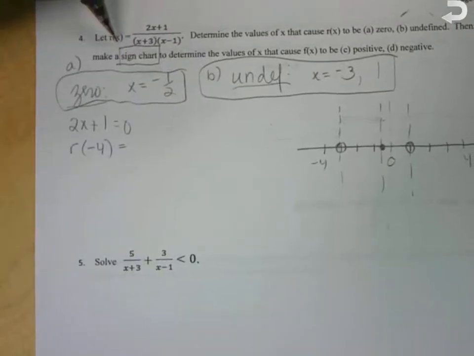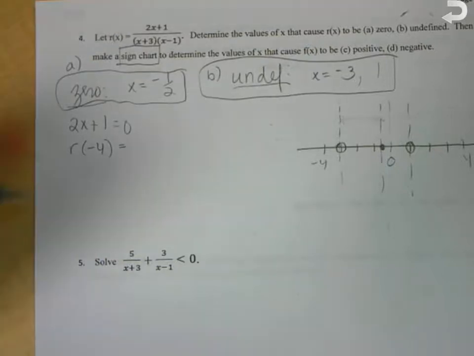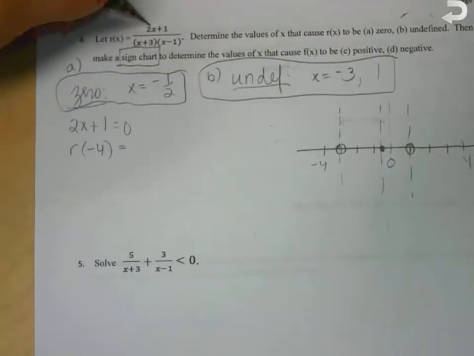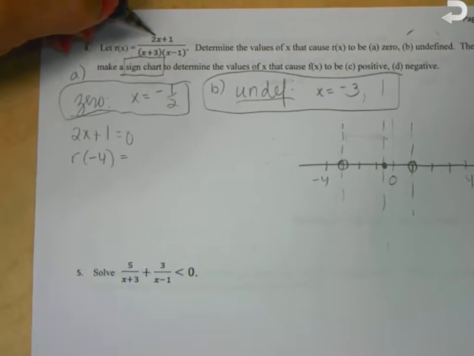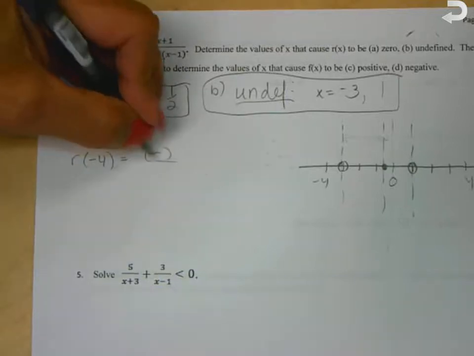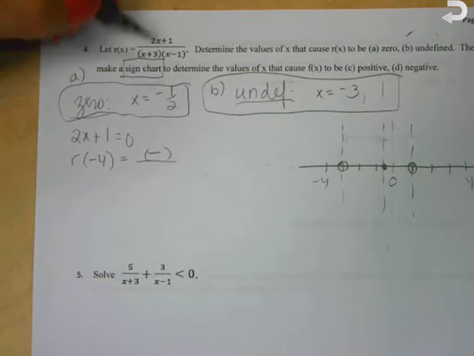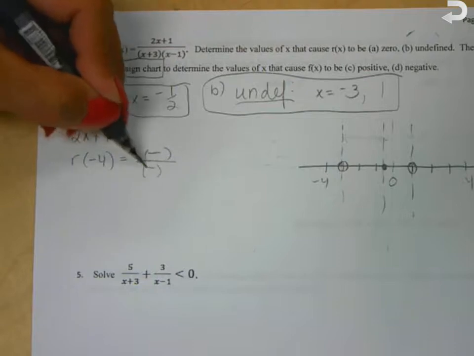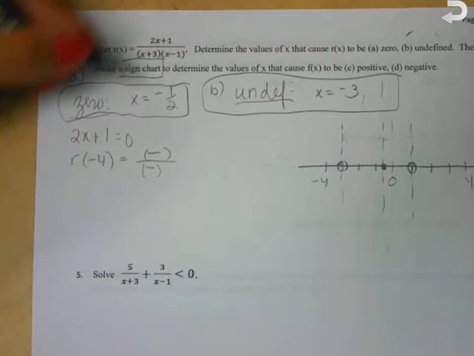Now the nice thing about this is I don't actually have to figure out the functional value of negative 4. I just have to determine whether the value is positive or negative. So when I input negative 4 into the r of x function, I can see that the numerator would end up being negative. It's actually going to be negative 7 if you plug it in, but it's negative. That's all that matters. And in the denominator, I have two factors. And when I plug negative 4 in here, the first factor would be negative.